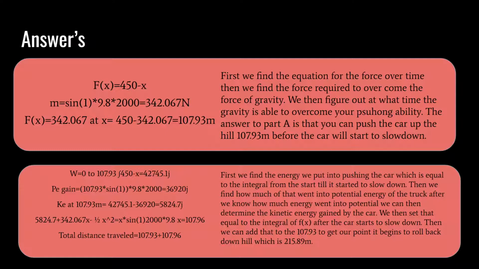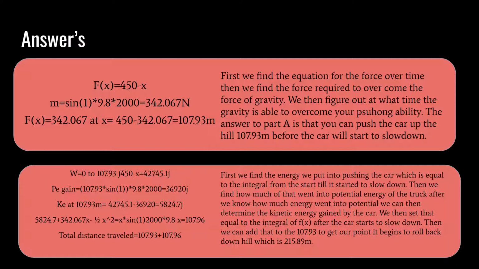And then the second part, first we're going to find the energy we put into pushing the car, which is equal to the integral from the start till the slowdown. Then we find how much of that went into potential energy of the truck. After we know how much energy went into potential, we can then determine the kinetic energy gained by the car.